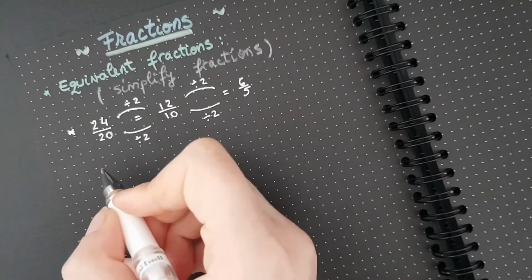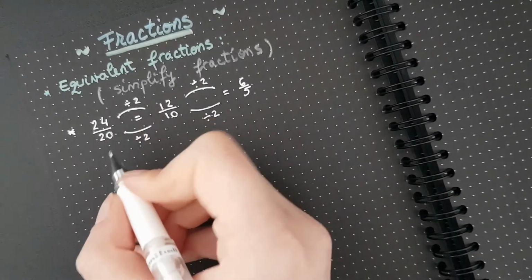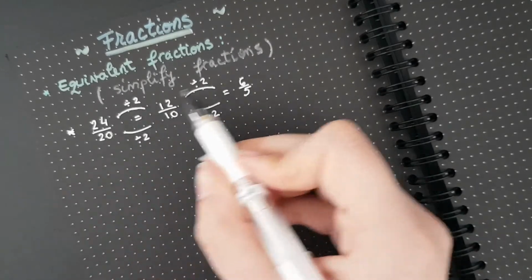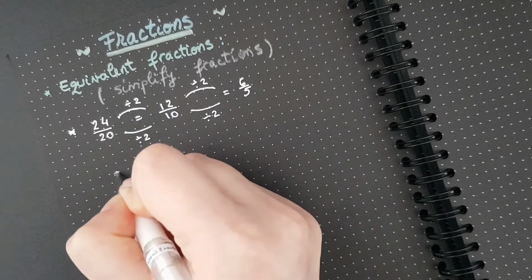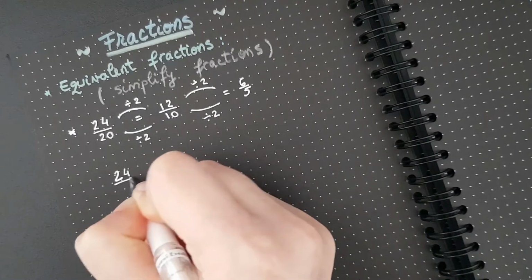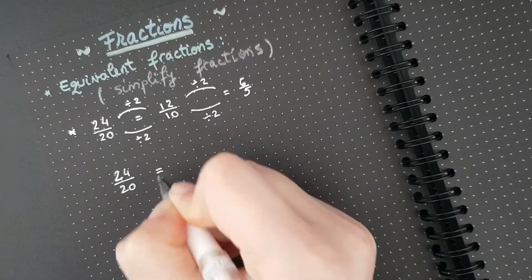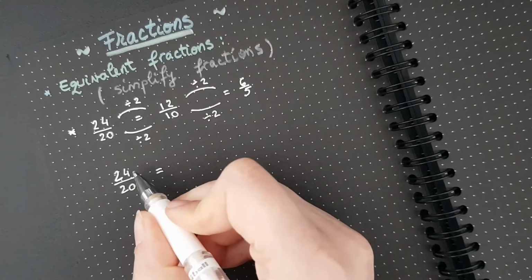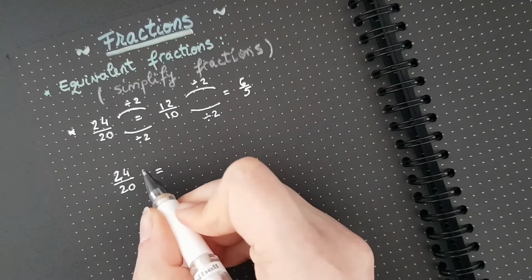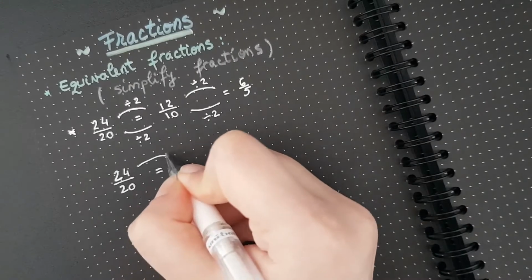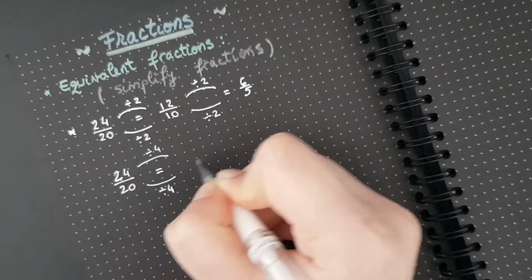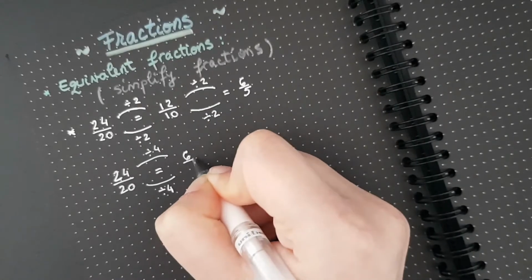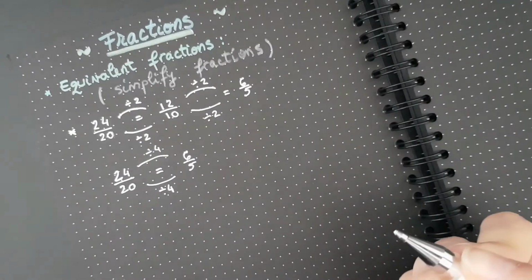Now, very quickly, see how I divided by 2 and by 2? I could have, and I'm going to do it all over again, I could have been like, look, this 24 and this 20, they're both in the 4 times table. I can just divide by 4. Because it's, again, too time consuming to just be doing 2 and 2. And it gives me 6 over 5.